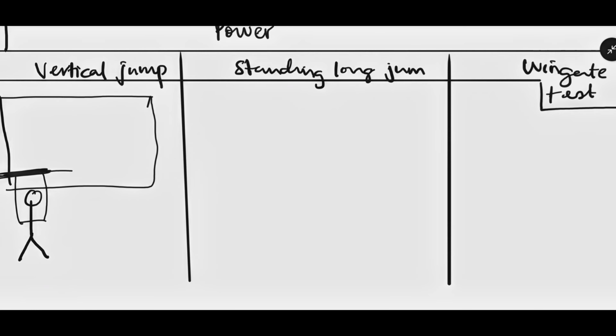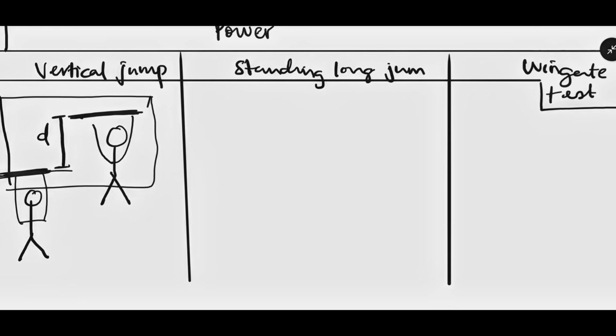That's the normal standing height. And then once you jump as high as possible with that chalk in your hand, you mark that higher spot. And the outcome of this test is measuring the distance between those 2 spots. The distance, let's call it D, is the outcome.